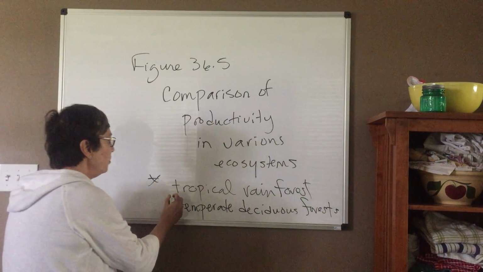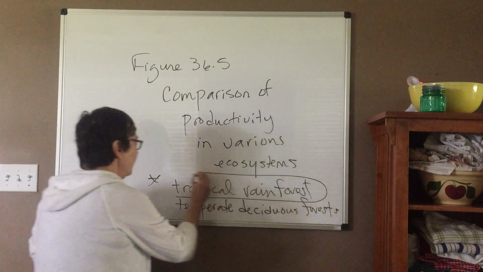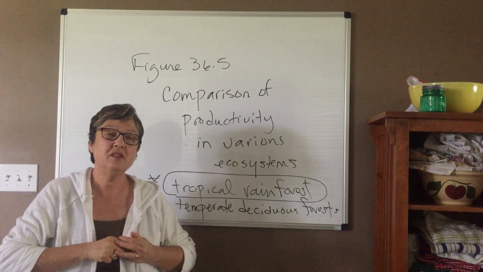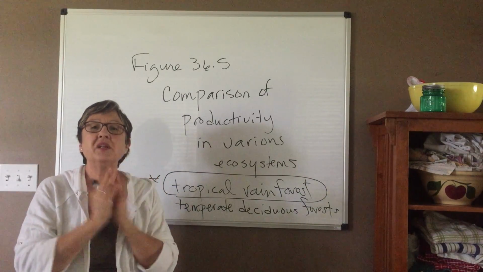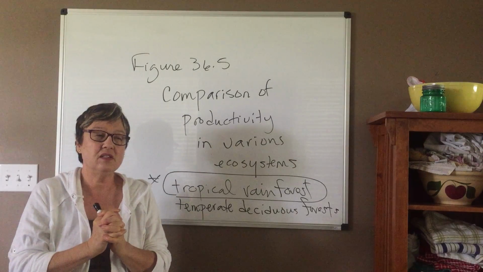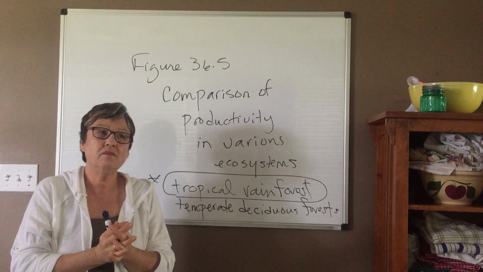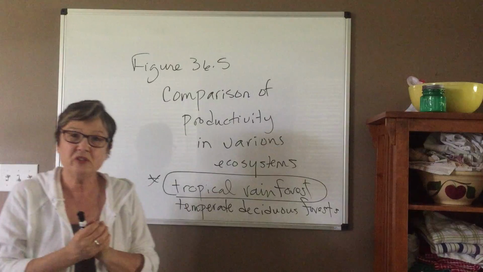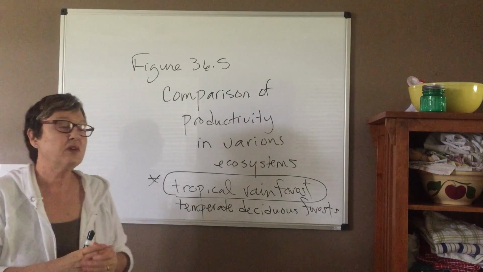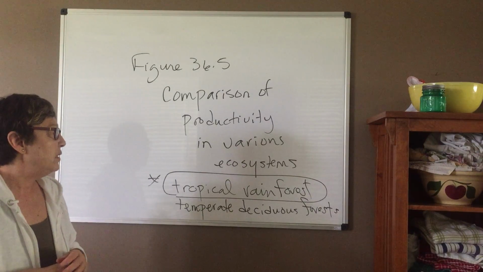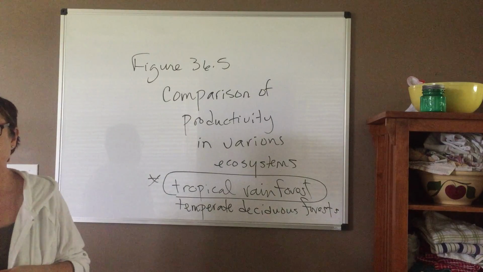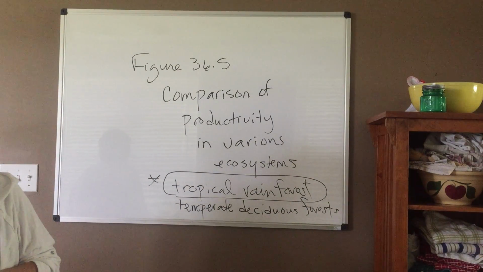But again, the important thing here is that the tropical rainforest is an ecosystem that is very dense in living forms, and it's actually a focal point of a lot of research. There's just so much that we don't know about tropical rainforests, but certainly they are the most productive ecosystems on the planet.